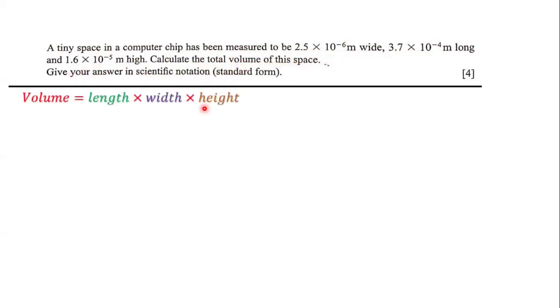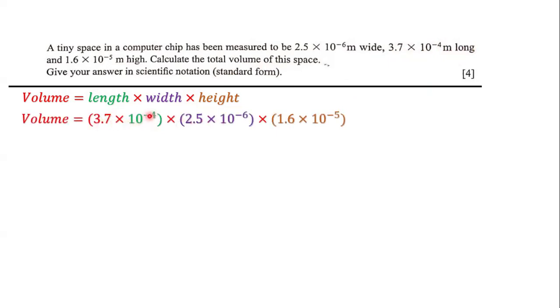Now, what we have to do is find the volume of the space. Volume equals length times width times height. What is the length? According to the question, it's 3.7 times 10 to the power of negative 4 meters long.